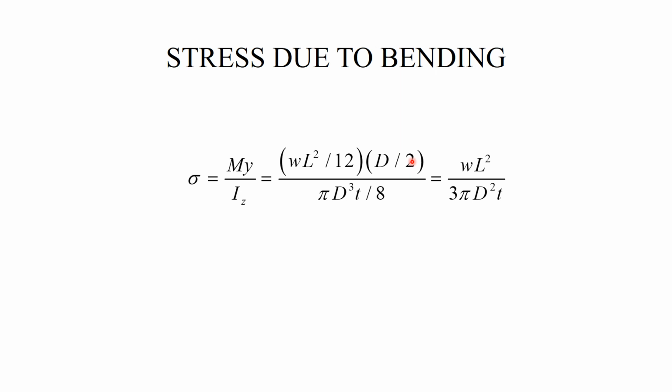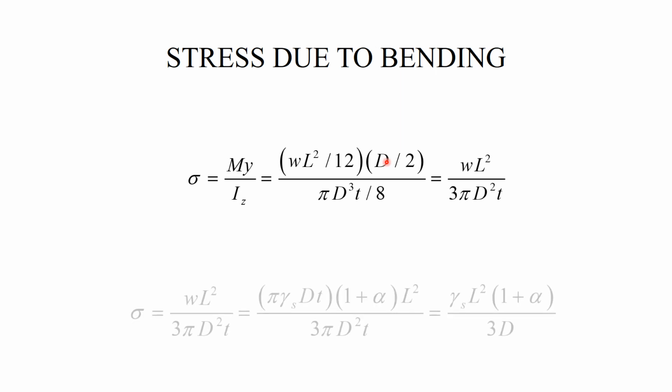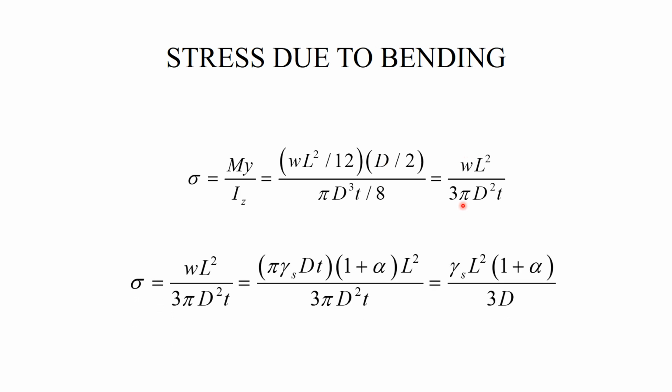That would be proper. I just simply put positive values. The maximum tension in this case will be at y equal to minus d over 2, which means at the top of the pipe, not at the bottom. Now I can make this expression a bit more explicit by substituting the value of W to obtain this result for the maximum stress due to bending.